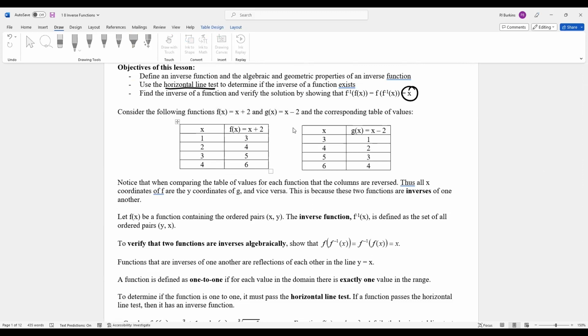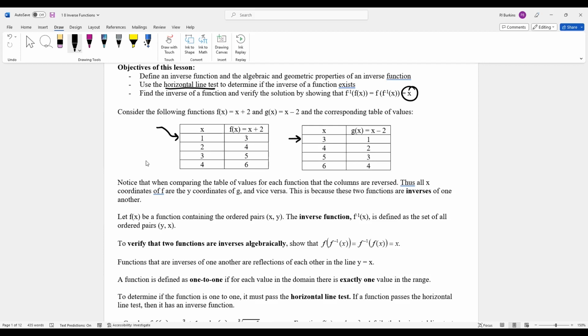You'll notice that in the tables here for the two functions, we have the point 1, 3, let's say, for the first one. For the second function, notice the point is 3, 1.